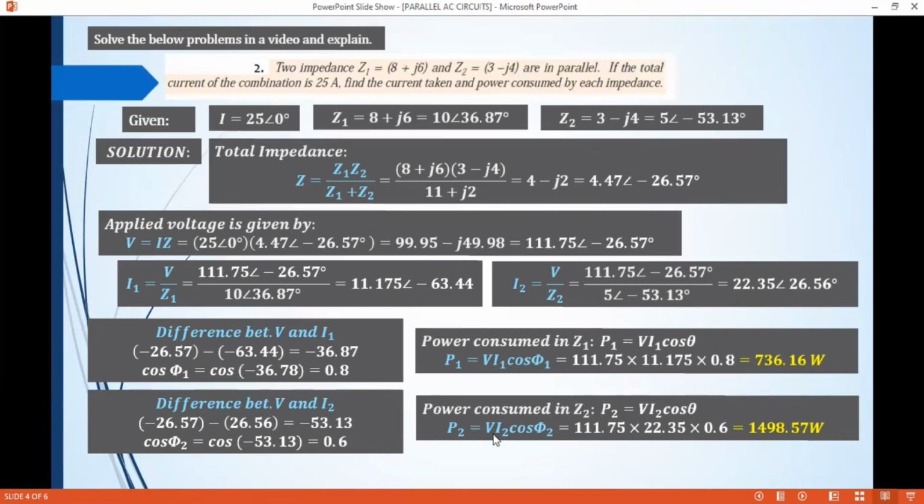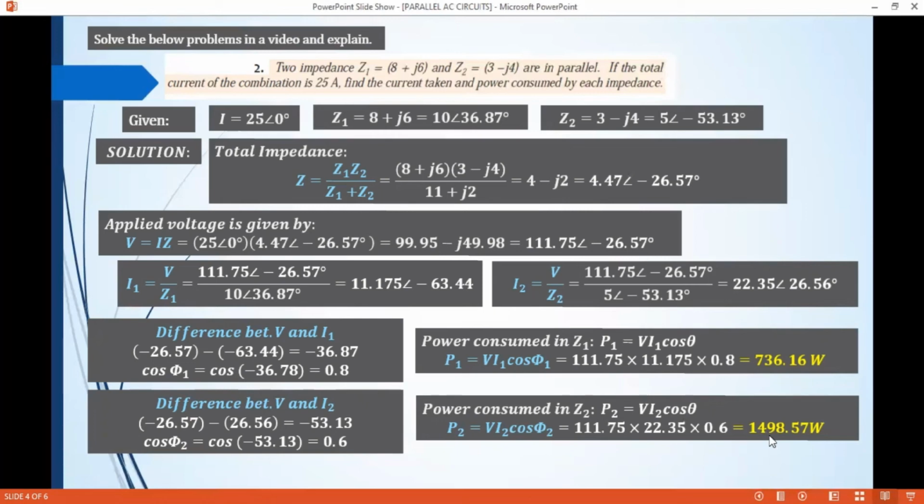Then power consumed in impedance 2, we have this formula. P2 is equal to VI2 cosine phi 2. So we have 111.75 times the 22.35 here for the I2 and 0.6 for the cosine phi 2. So 111.75 times 22.35 times 0.6, we have 1498.57 watts.